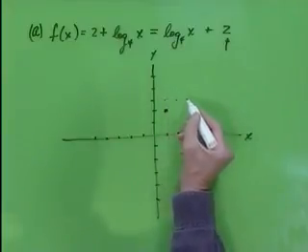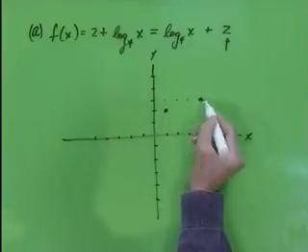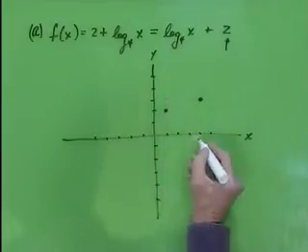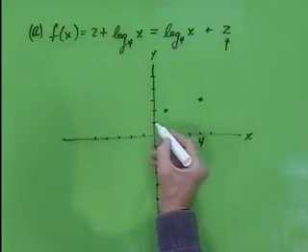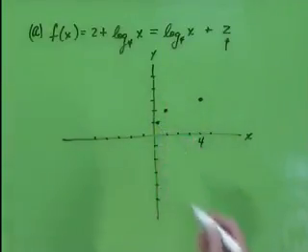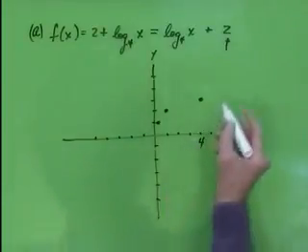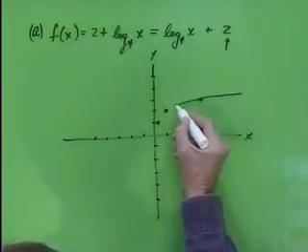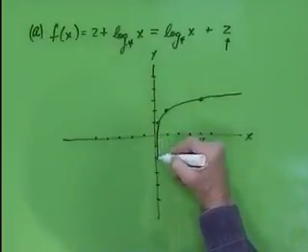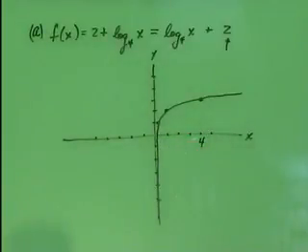Let's see, 1, 2, 3, 4 is right about there. Let's take out those dots. This is 4. And if I go down 1, I should go over 1/4. So those are my 3 target points. And when I draw my graph, it still approaches the y-axis. It approaches it from a higher level. Okay, next function.